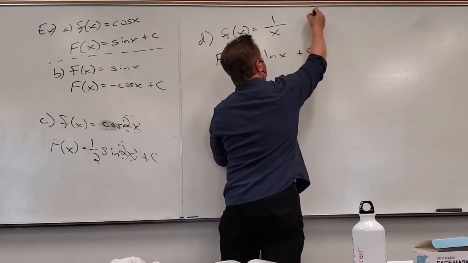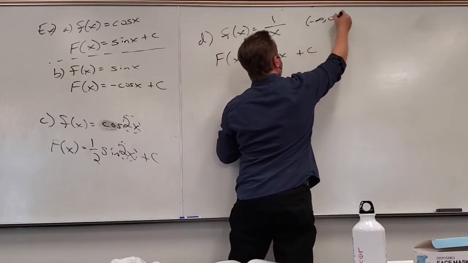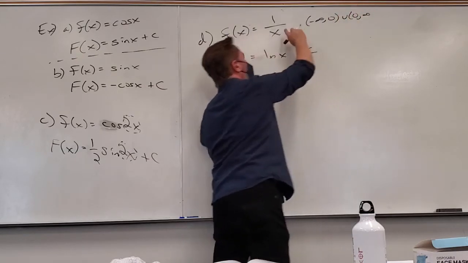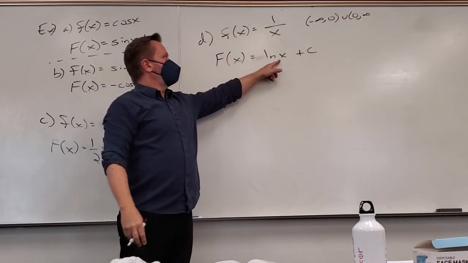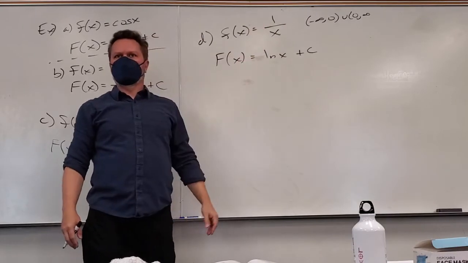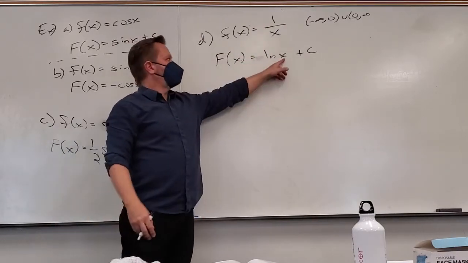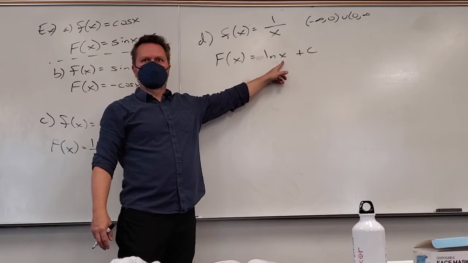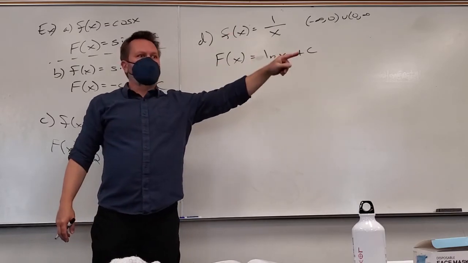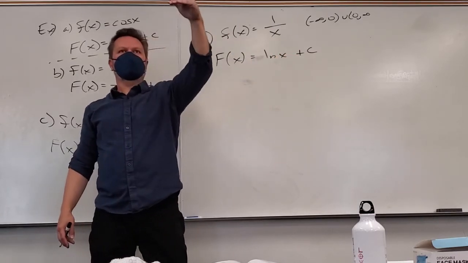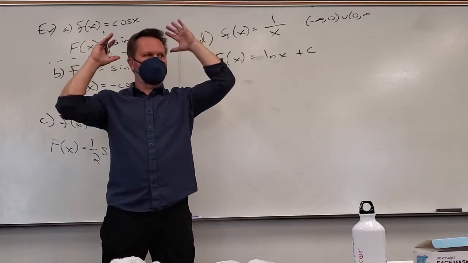This then, the domain of this is this, isn't it? The only number I can't use is 0. Does this domain match up with that? What's the domain of natural log of x? 0 to infinity. So taking a derivative can't fundamentally change a domain like that.